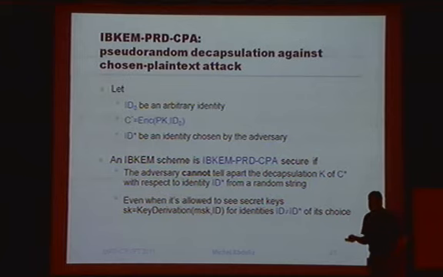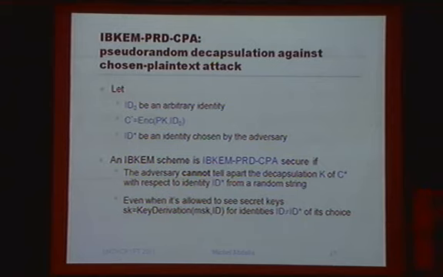Now the adversary will choose some challenge identity ID star, which can be ID 0, in which case this security definition is equivalent to the standard definition of CPA, but more generally it can be something else. The adversary should not be able to tell apart the decapsulation of C star with respect to identity ID star from a random string.